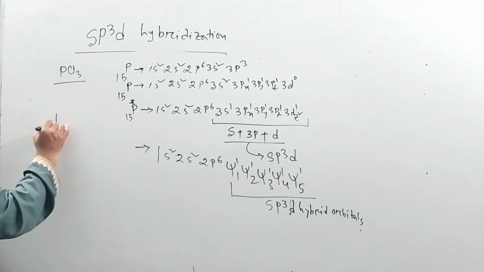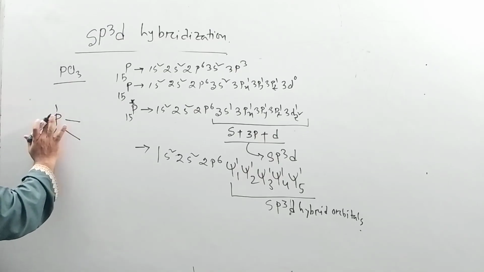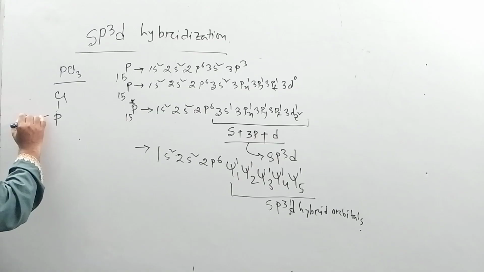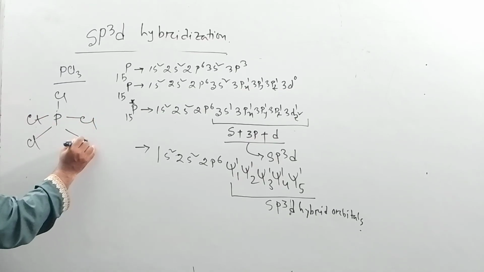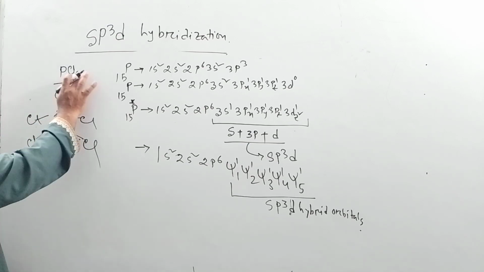Now if we draw the structure of PCl5, you know, chlorine, chlorine, chlorine, chlorine and chlorine. This is the sigma bonded structure of your PCl5.